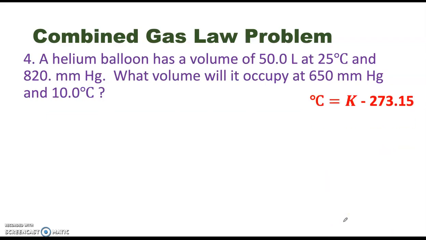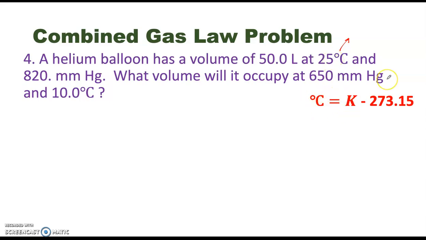So example question here. A helium balloon has a volume of 50 liters at 25 degrees Celsius and 820 millimeters of mercury for pressure. What volume will it occupy at 650 millimeters of mercury and 10 degrees Celsius? So the first thing we're going to want to do is convert these to Kelvin.